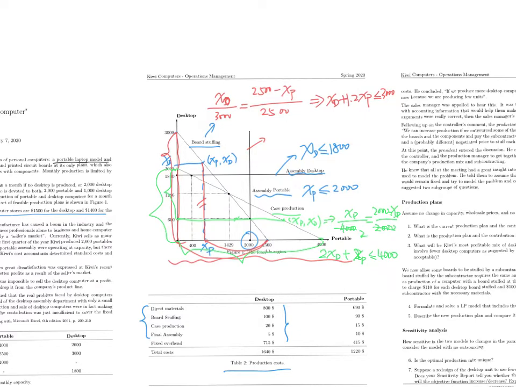So that's how we find all these constraints. Now if I take an order of these constraints, we try to name them. We have constraint 1 here, constraint 2 here, constraint 3, constraint 4. So that's how you formulate this problem.